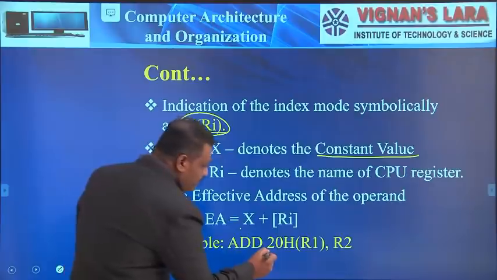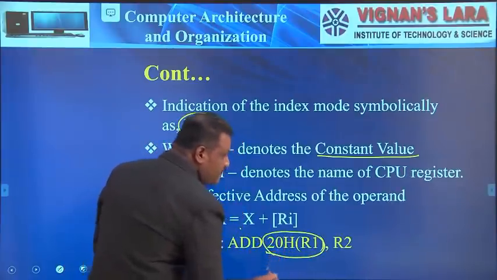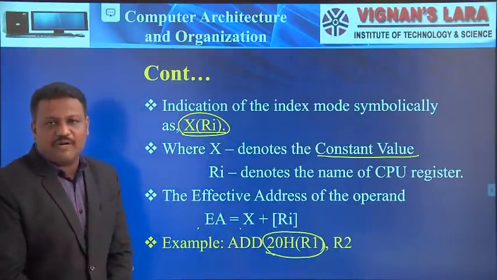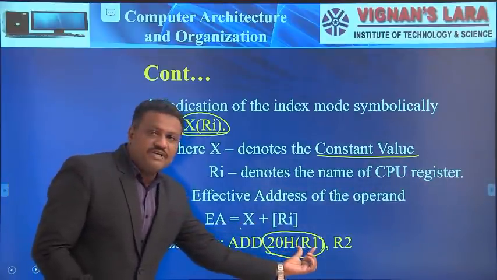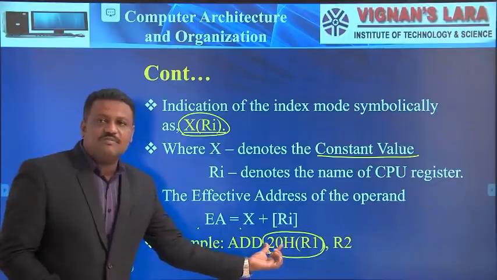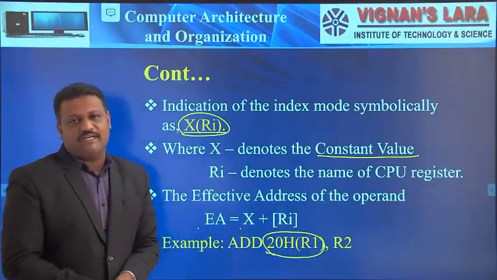So see here guys, in the previous case, in the source operand field we had only one operand. But now, in the source operand field, we are observing a register along with a constant value, which is 20H.